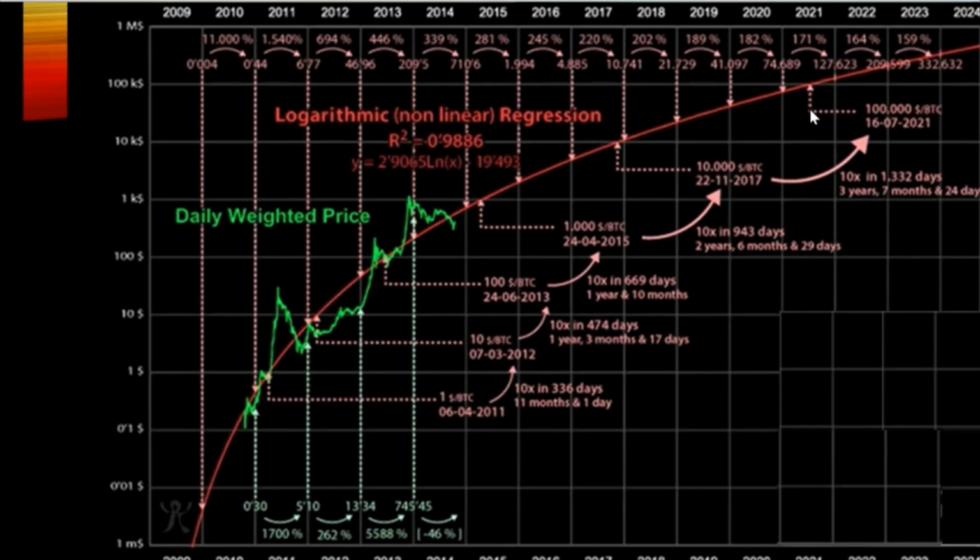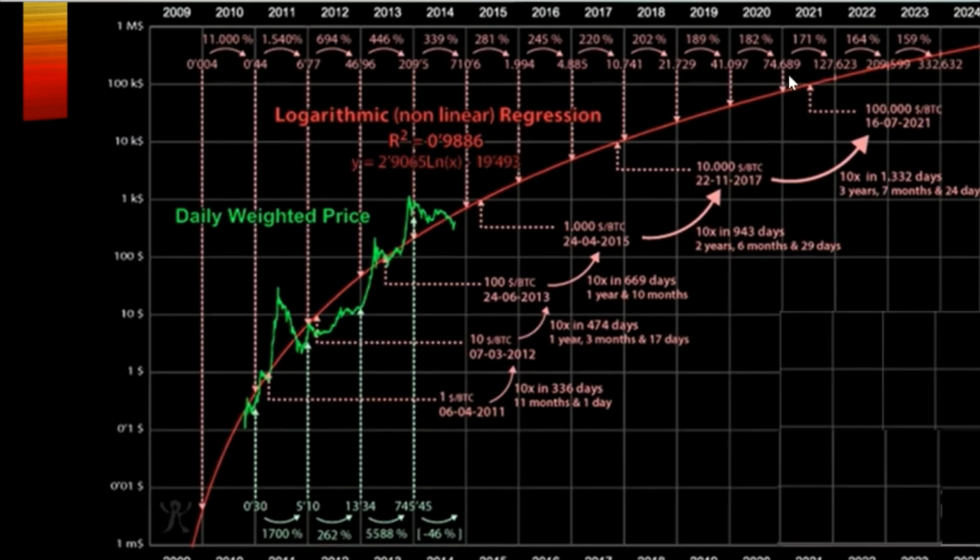Now in 2021, we are really approaching this level of 100,000 price per Bitcoin, and we can expect it by July or August. This point will be reached.